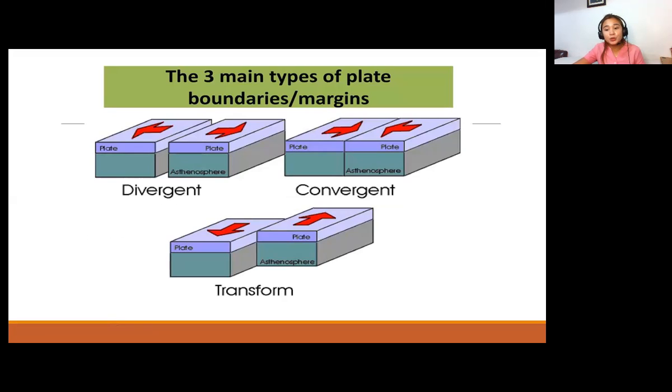And of course, we're going to talk about it one by one and give examples of what are the geologic events that may happen kapag yung mga plates na to ay gumalaw. So parang ganito yung plates. Para siyang puzzle na bumubuo sa Earth's crust.